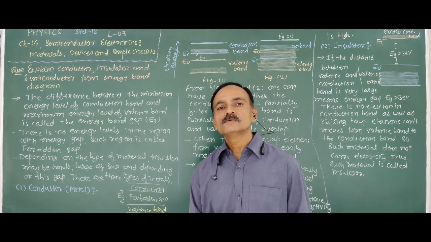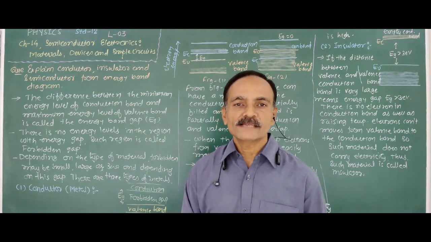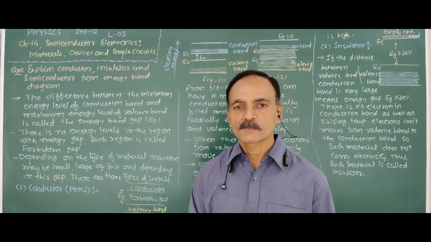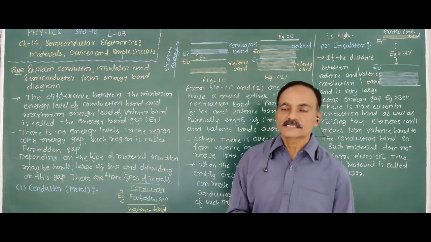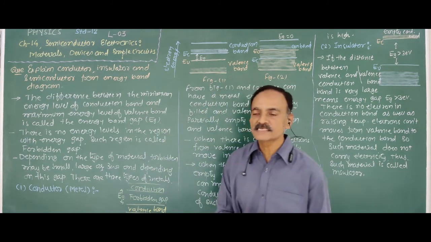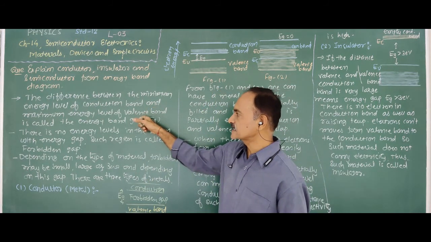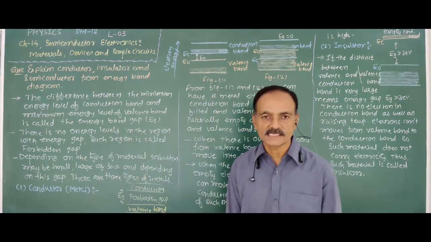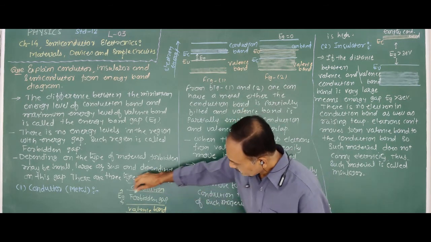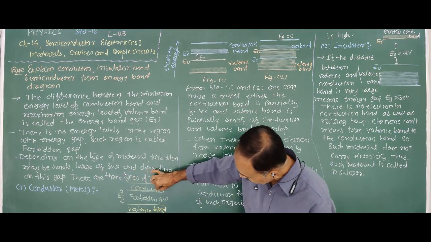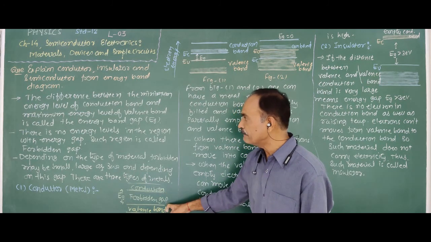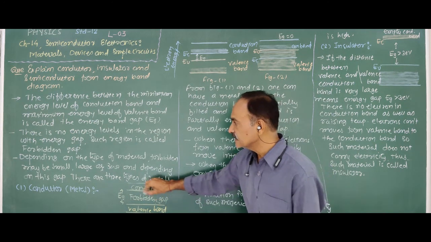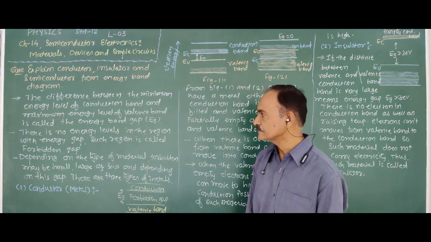Now we have to draw the energy band diagram for the conductor, insulator and also the semiconductor. For that purpose, some basic concepts: the difference between the minimum energy level of the conduction band and the maximum energy level of the valence band is known as the energy band gap, EG.